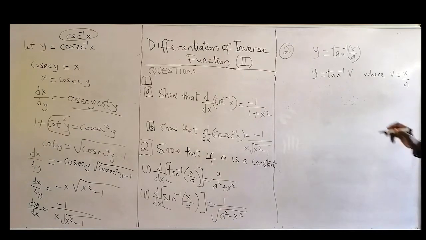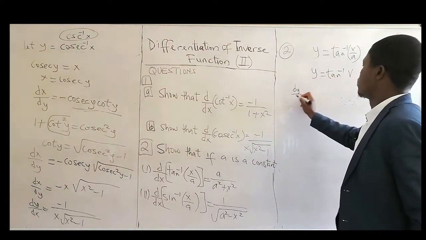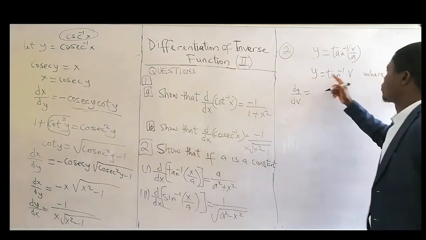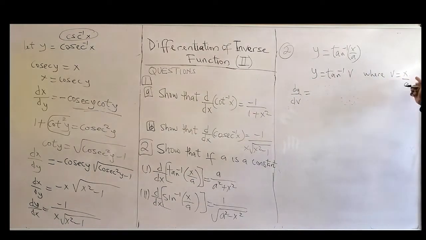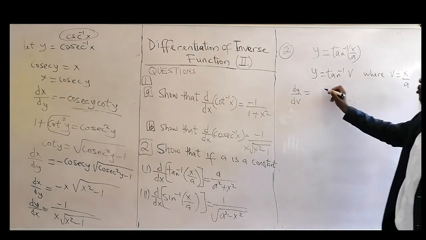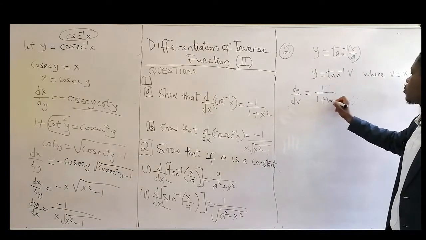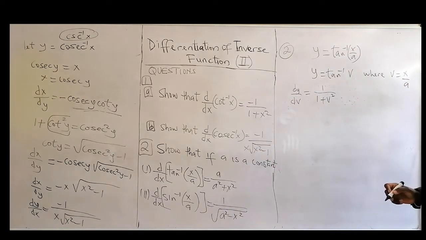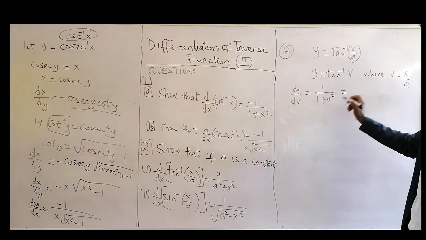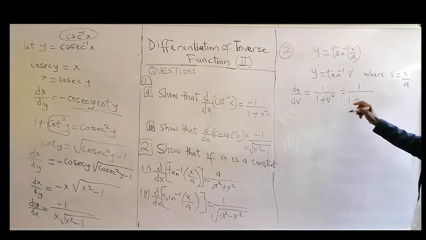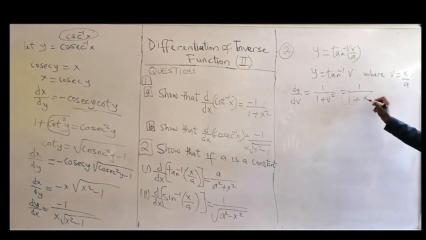Okay. So then y is a function of v, and v is a function of x. So dy/dv will be equal to 1 over 1 plus v squared. Okay, and then you substitute your v here, that will be 1 over 1 plus, my v is what? x over a, squared.